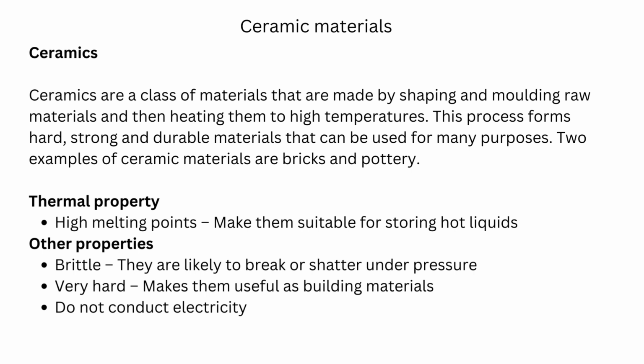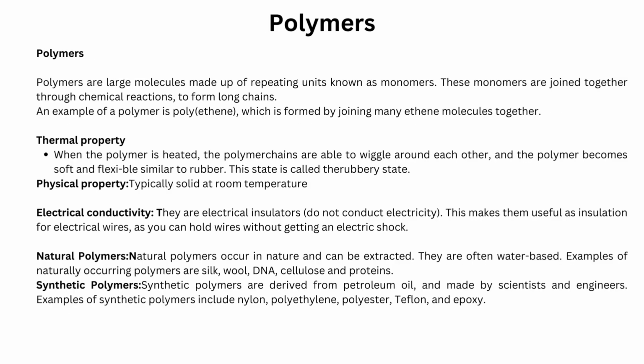At high temperature, the process forms hard, strong and durable materials that can be used for many purposes. So, ceramics are a class of materials that are made by shaping and molding raw materials and then heating at high temperature. Now let us look at polymers.